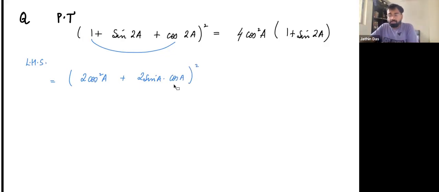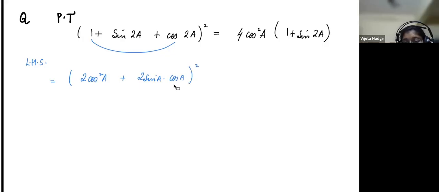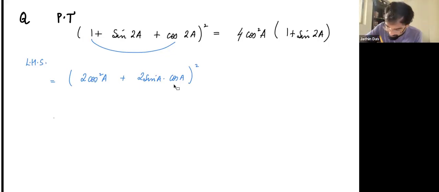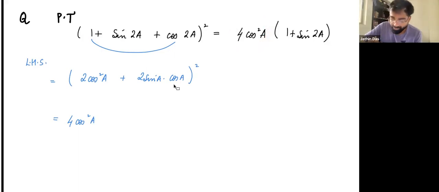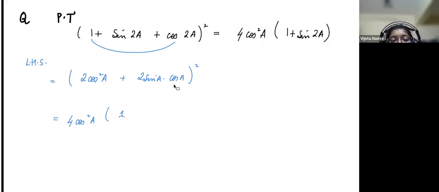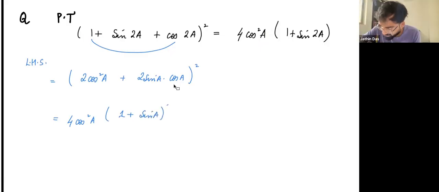Can I take anything common? 2 and 2 cos. And cos will go outside as a square. That's why I'm getting 4 cos square here. It will come 1 plus sin a whole square.